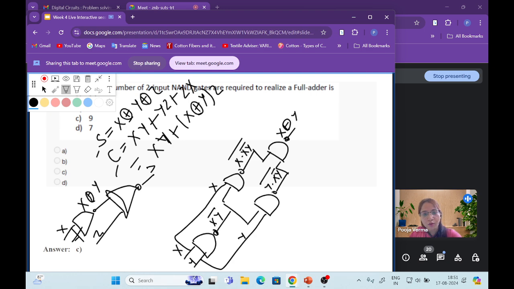Okay. Now we need to give it to another NAND gate because we need one more XOR, right? And for this we are giving here z. So (x XOR y) into z', right? We will get at this input. Now again we need to give it to another NAND gate, these two.